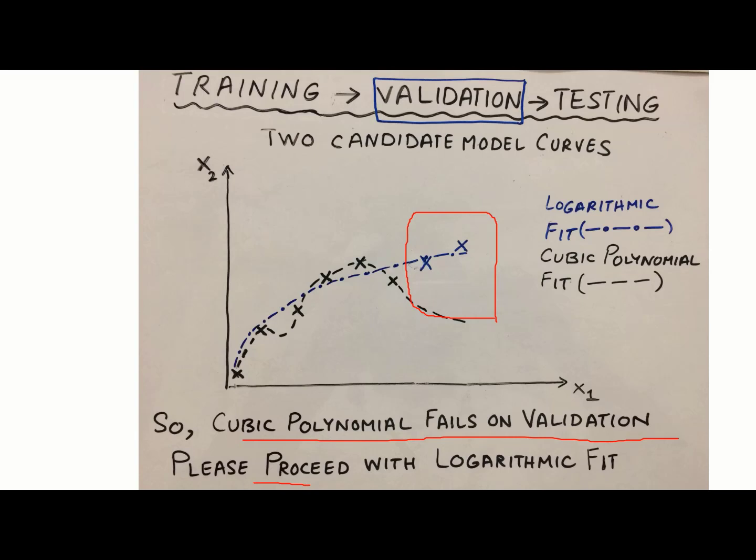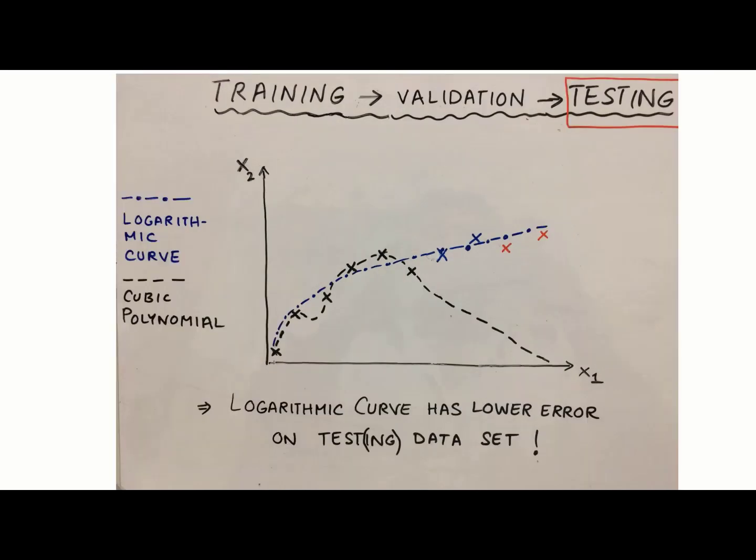Despite the fact that the logarithmic fit did not connect all the data points, because it has a substantially higher performance, or accuracy I should say, we're going to proceed with the logarithmic fit, and the validation process has exposed the weakness of the cubic polynomial. I'm now going to release the last two data points for the purpose of testing, and these data points were not available until now.